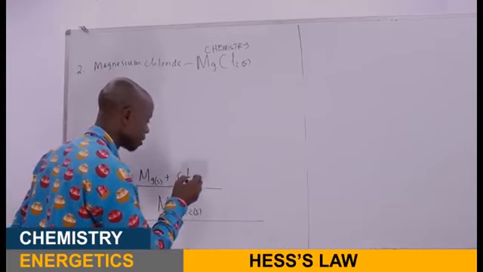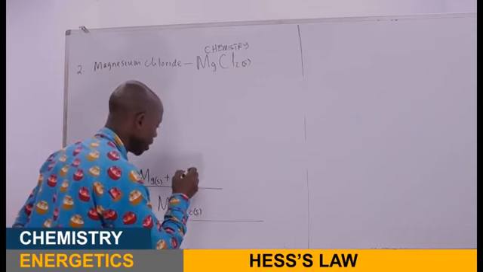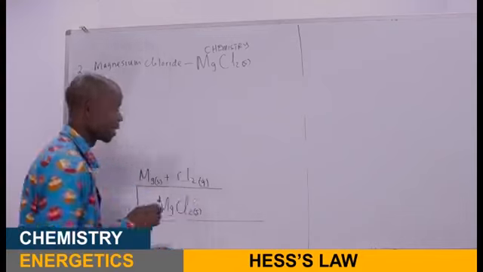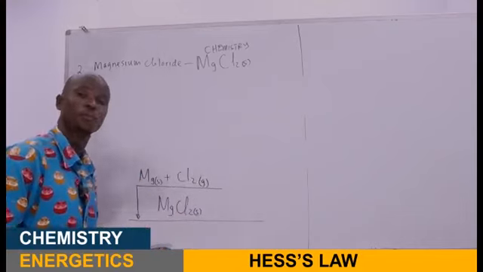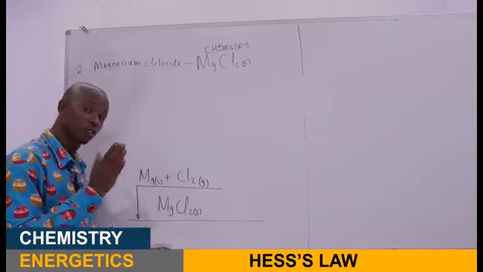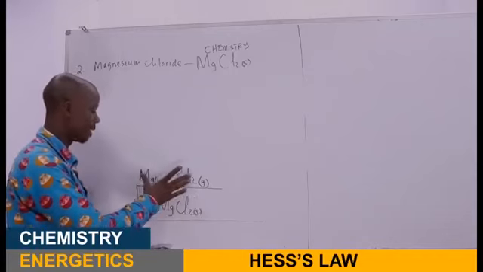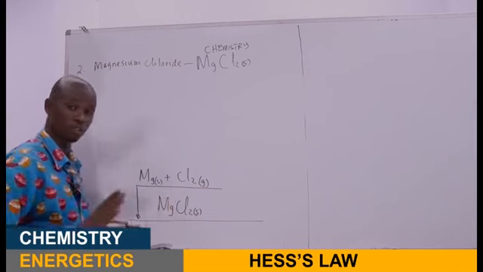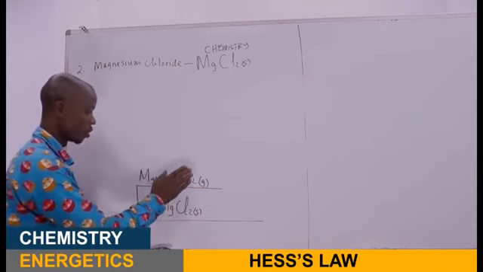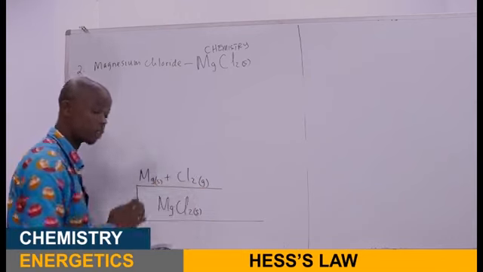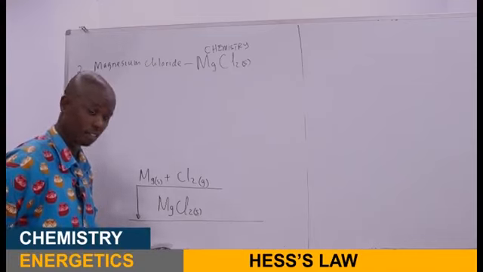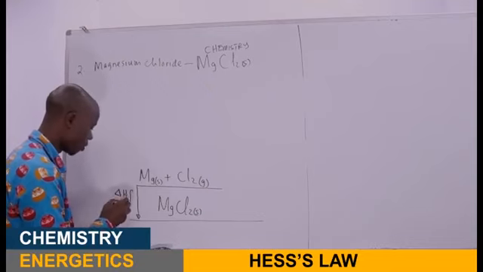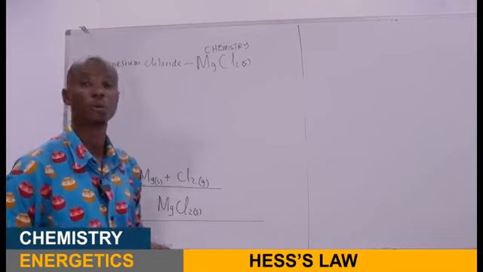The pure standard state of this element is a gas, the diatomic molecule. From there, you have to balance the equation, because this is the product and this is the reactant. Magnesium is 1, magnesium is 1, so there is no problem with magnesium. Chlorine, there are two atoms of chlorine. It is also balanced. So we write in summary here, this is the enthalpy of formation of magnesium chloride.